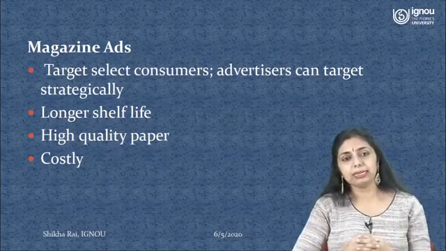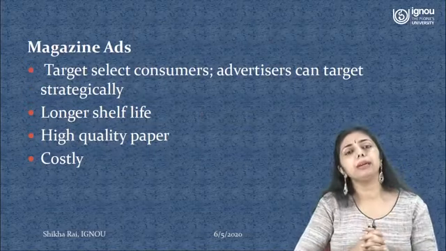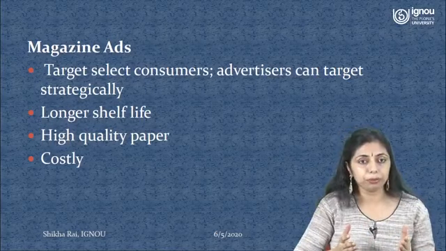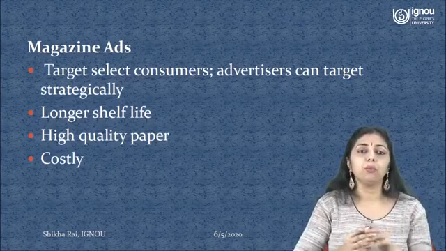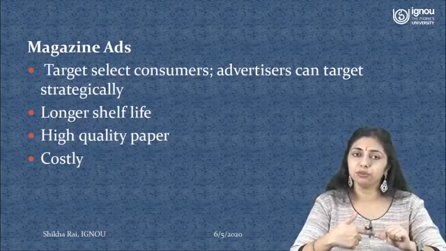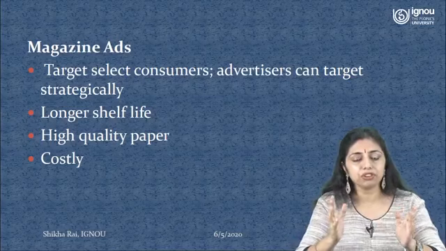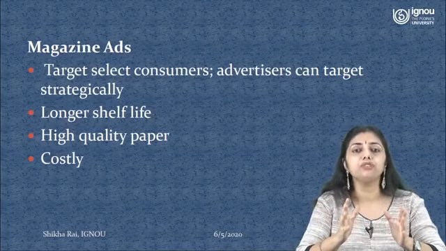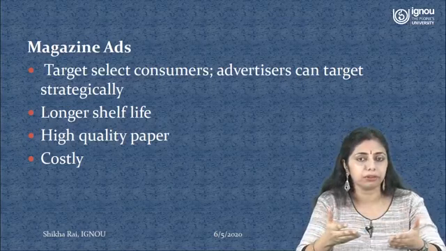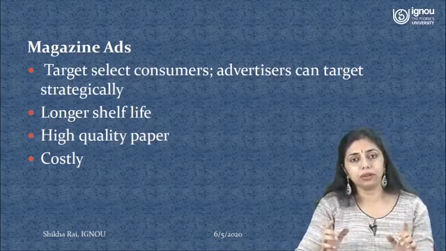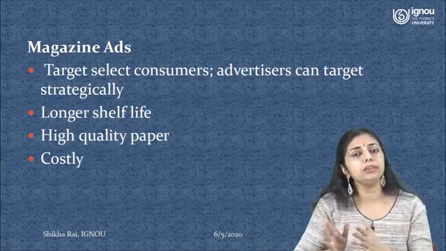Talking about magazine ads, I have put it separately because magazine ads are slightly different and better than the newspaper ads. How? Let us see. One, they target select consumers. Say for example, you will have a magazine which is largely aimed at readers who want to know more about political affairs, say for example, India Today. Then you can have Interiors, a magazine that is totally dedicated to interior designing.